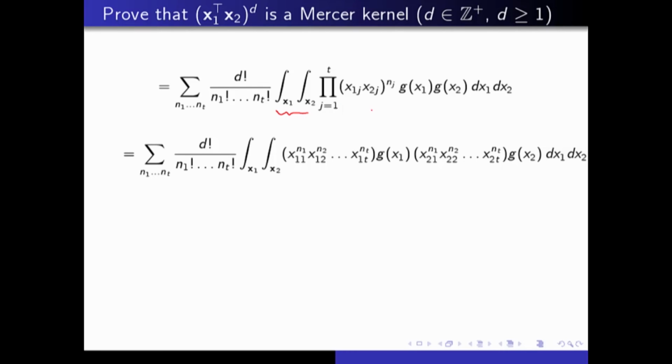We still have the product inside. We try to simplify the product by writing it as a product of two different terms, one involving only x1, the other involving only x2. This is a function of x1, this is a function of x2. Note that all this is for a fixed configuration of the ni's.